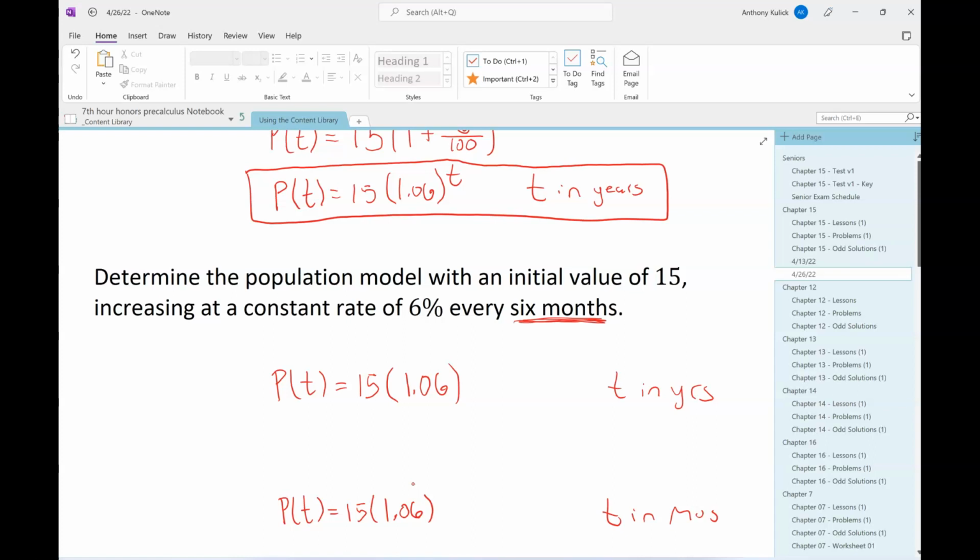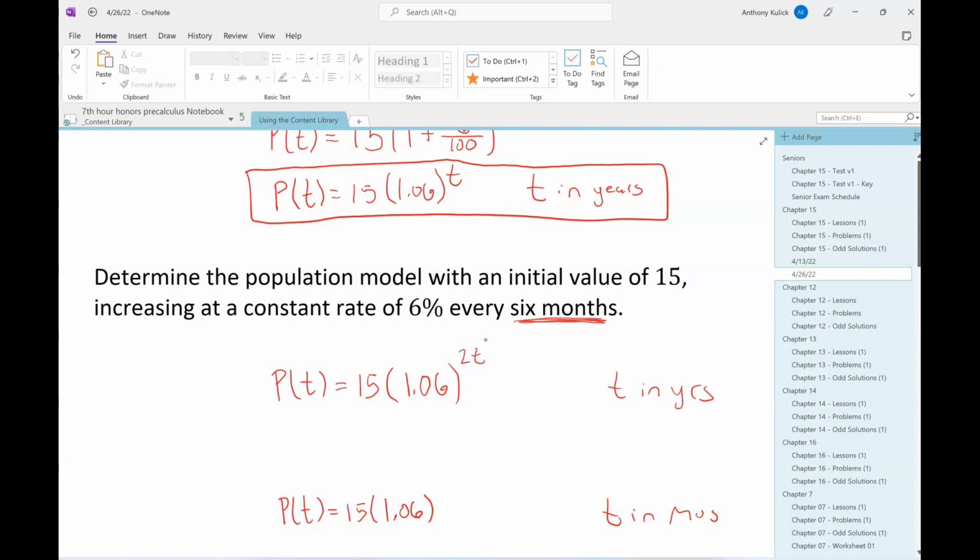Why? 1 rate of change happens every 6 months. There's 12 months in a year. So instead of writing t in this spot, I'm going to write 2t. I feel okay there?